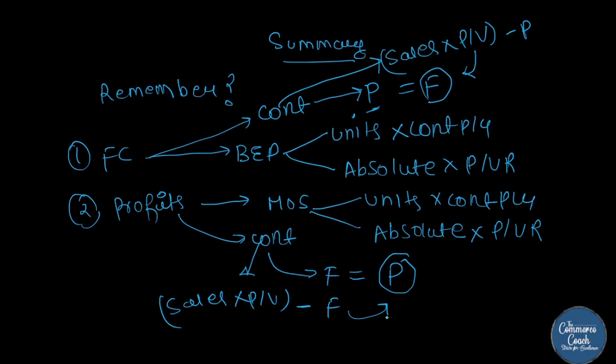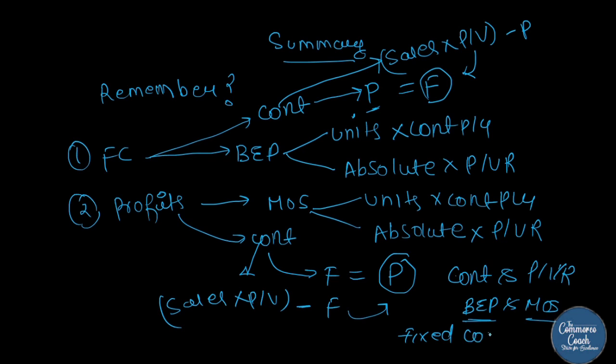See, summary of fixed cost. I am making lectures with elements that have the same relevance, like I made with contribution and PV ratio, closely related. Now I made a video with BEP and MOS, closely related, because BEP and MOS are closely related.